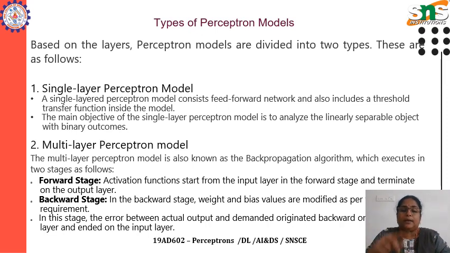But in the backward stage, like the feedback, weight and bias are modified as per the requirement, and the error between the actual output and the demanded output originated is sent backward, and the new weight and input values are assigned, then transmitted to the output layer. So these are the two types of layers present in the architecture.